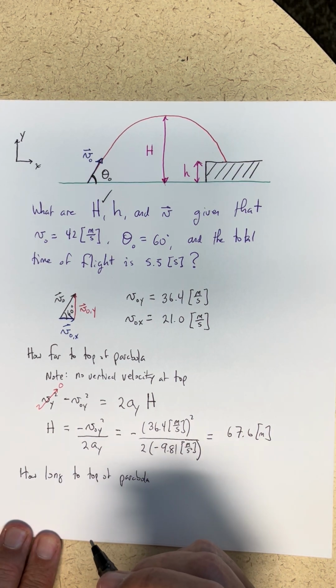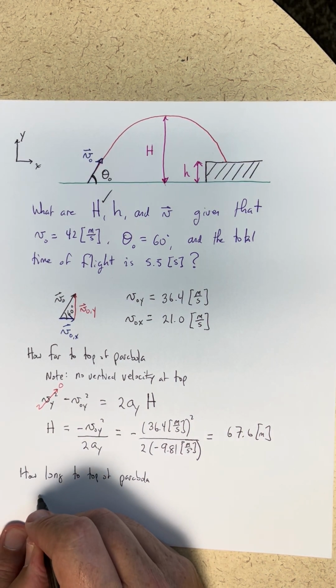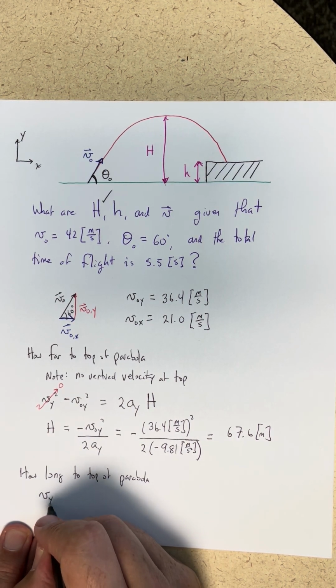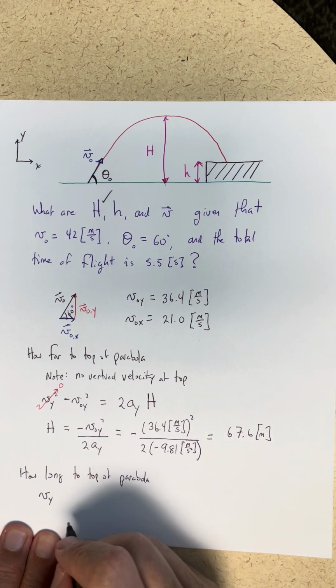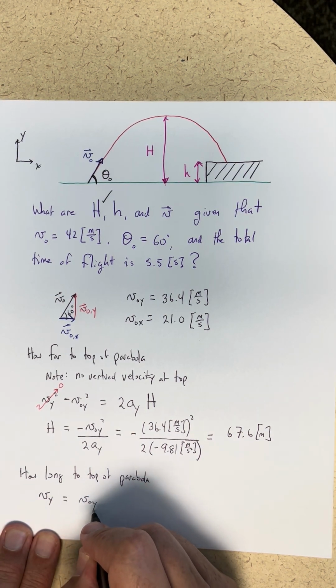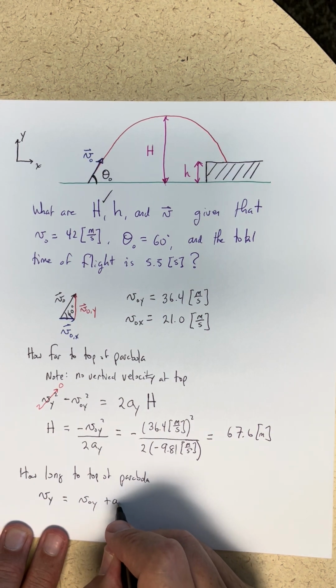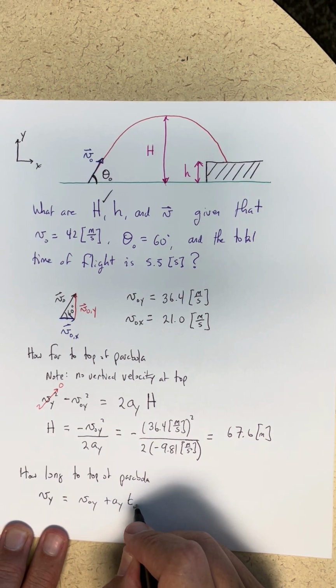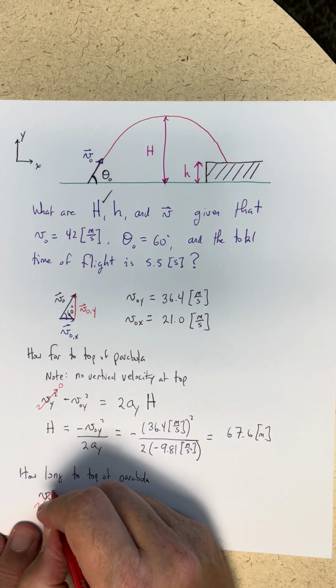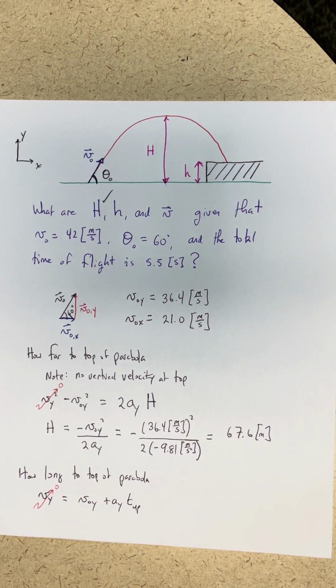We can use, probably the easiest thing to do is a change in velocity related to acceleration and time. So the final vertical velocity equals the initial vertical velocity plus the acceleration times the time to go up. And again, the vertical velocity at the highest point is 0.